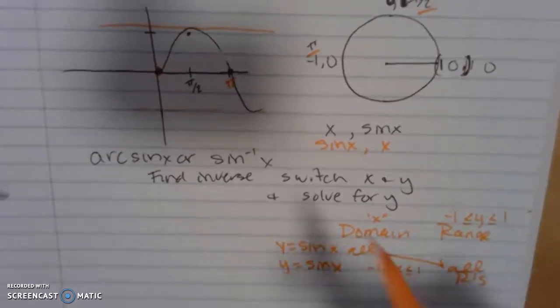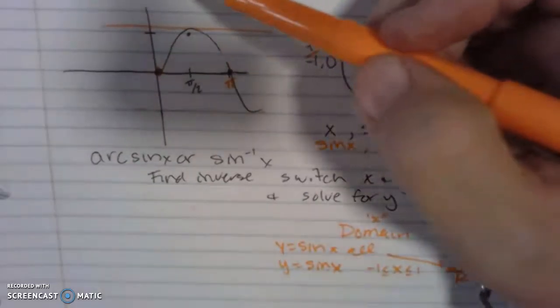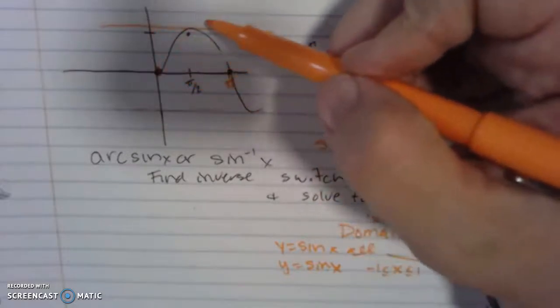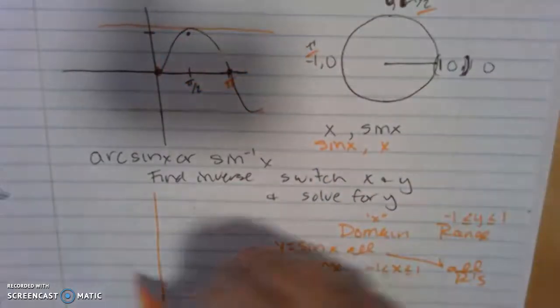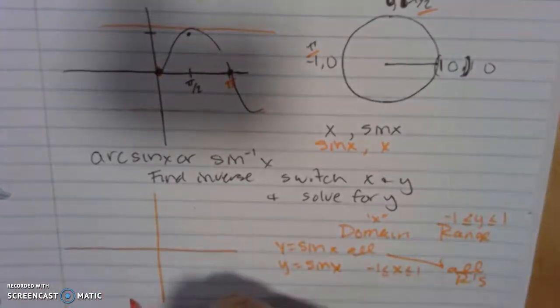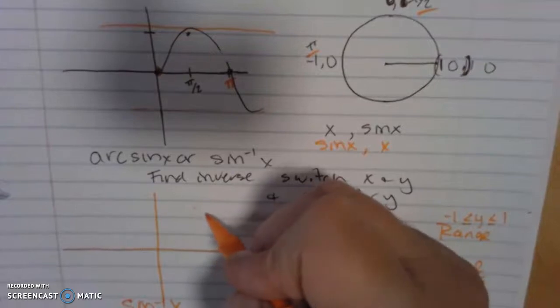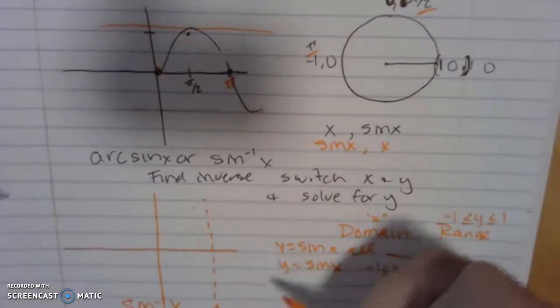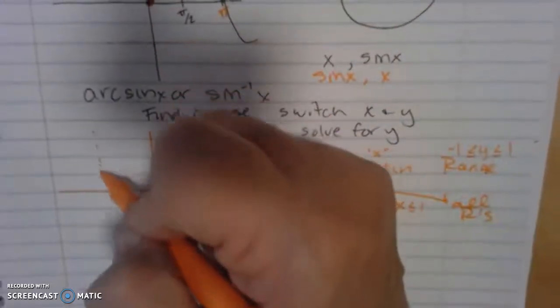So when I go to the graph, I'm just basically switching. So for the inverse sine of x, my asymptotes, my x is only going to go to 1 and to negative 1.